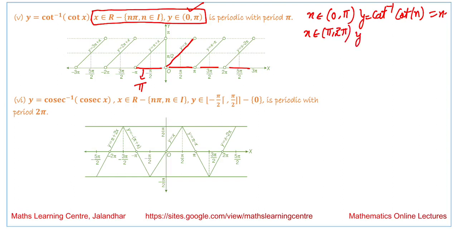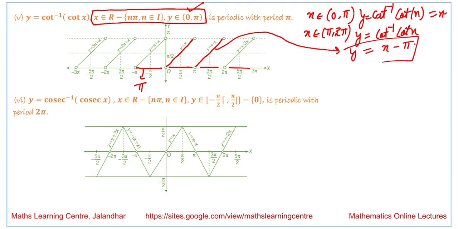In this region y is equal to cot inverse of cot x, and the answer we obtain is x minus pi. So this is the graph for y is equal to x minus pi. From this graph it is clear that y is equal to cot inverse of cot x is periodic with period pi.